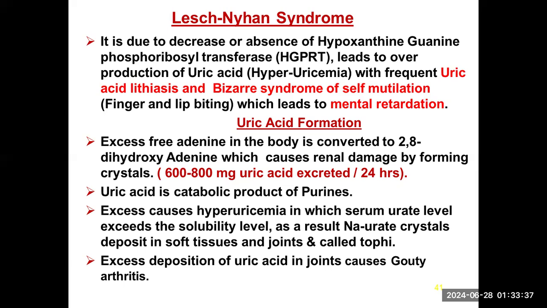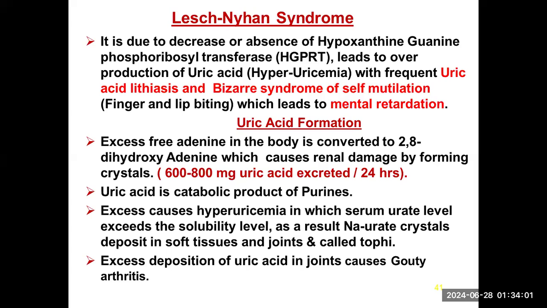Uric acid formation: excess free adenine in the body is converted into 2,8-dihydroxyadenine, which causes renal damage by forming crystals. 600 to 800 milligrams of uric acid are excreted per day. Uric acid is the catabolic product of purines.